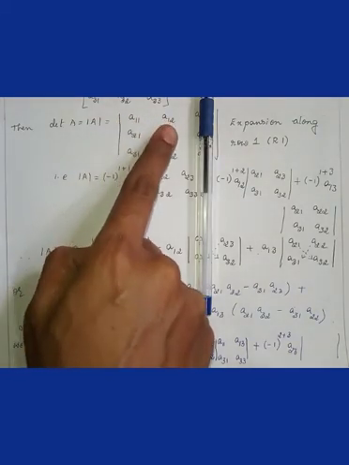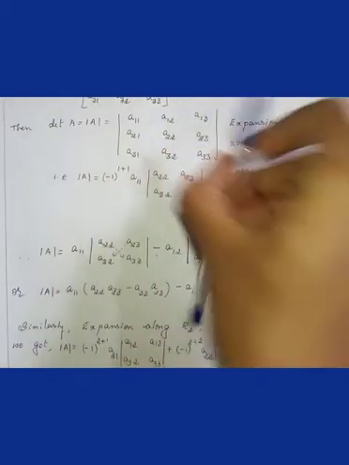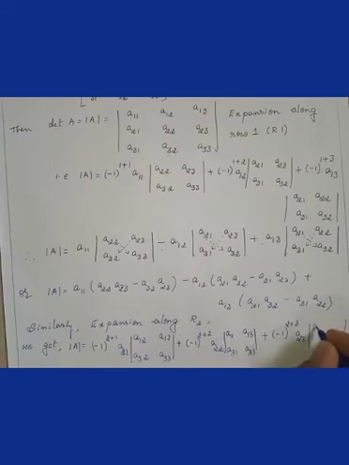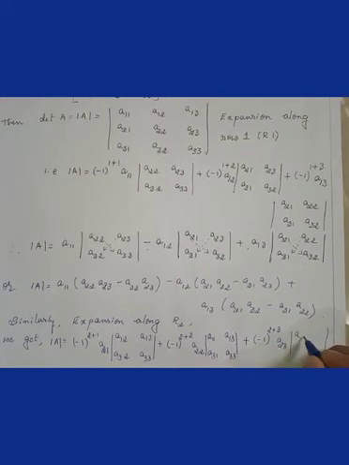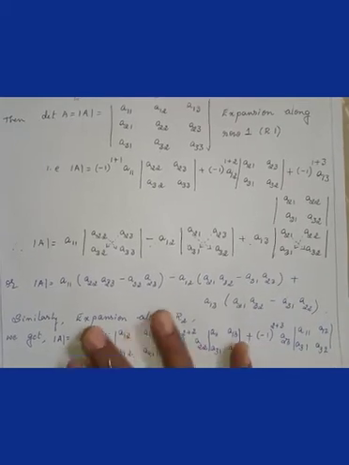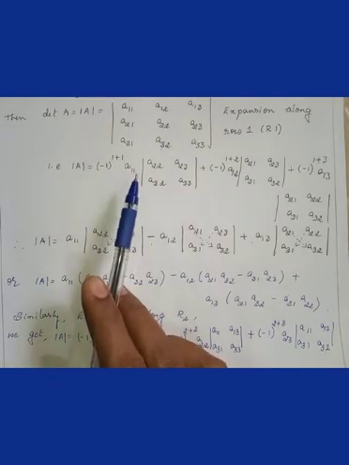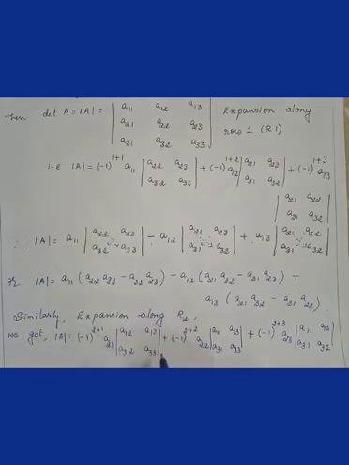A11 and A12, A31 and A32. So this is the expansion of the 3 by 3 determinant along a row.